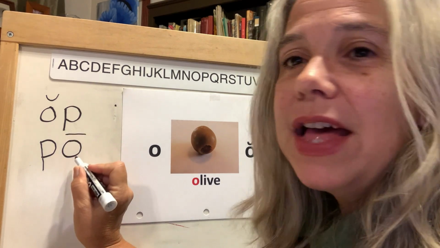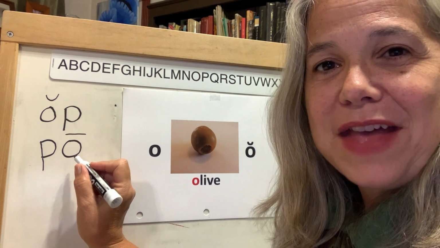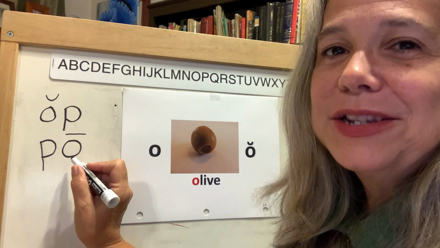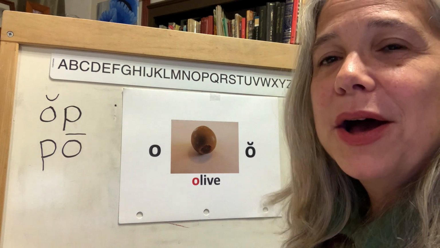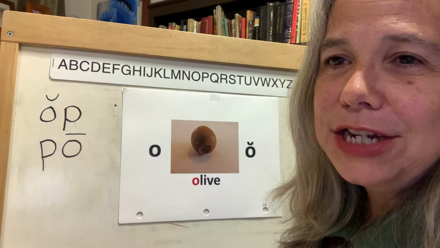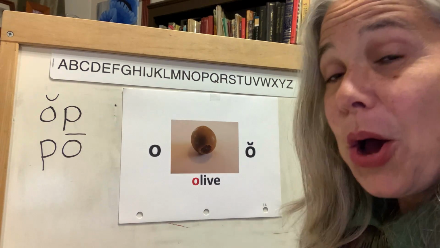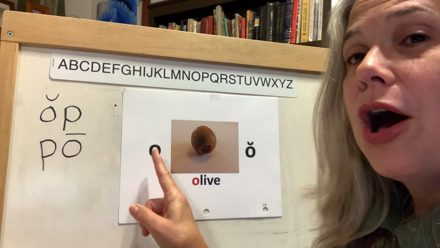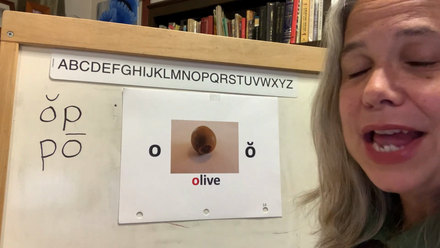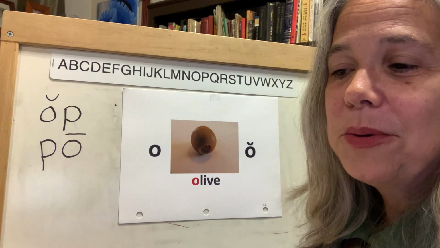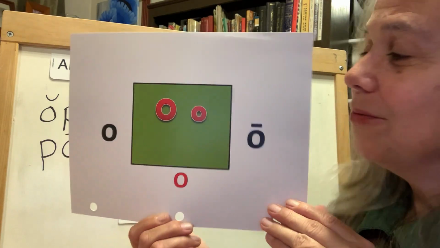What is the name of that letter? Right, it's O. And what is the sound of that letter? Right, it's going to be its name, O. Can you read that word? Po. Now, that's not a real word in English. So that means O is going to have 2 sounds. It's going to be O, olive, ah, and now it's going to have a new sound of O. And that brings us to our new reading card.